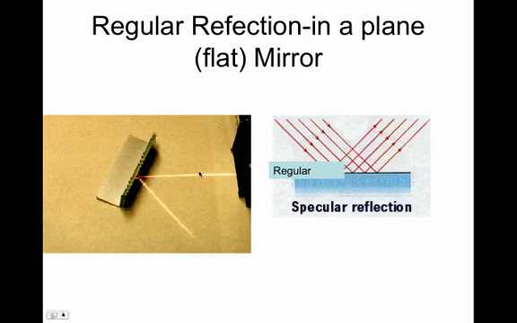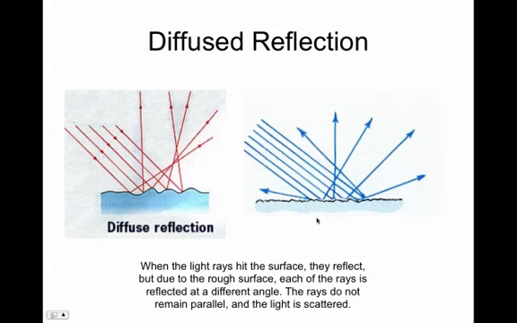Light rays hit the surface and then bounce off. And so regular reflection occurs when the mirror is nice and flat or plain. We sometimes call it specular reflection. As opposed to what?